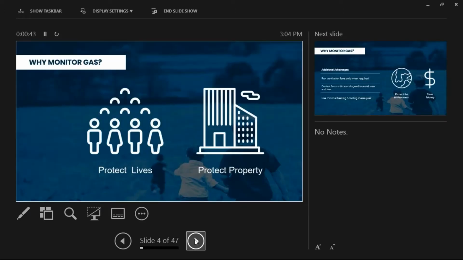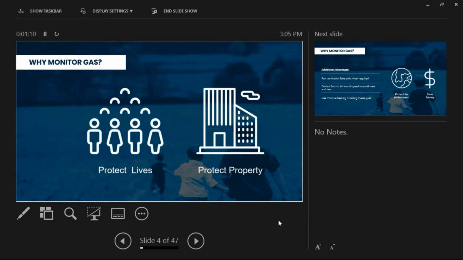So why do we use gas detection? First and foremost, to protect lives, protect people. And second, to protect property. We protect people by monitoring toxic gases, exposure limits, and making sure that we bring ventilation on so that people aren't overexposed to those toxic gases.